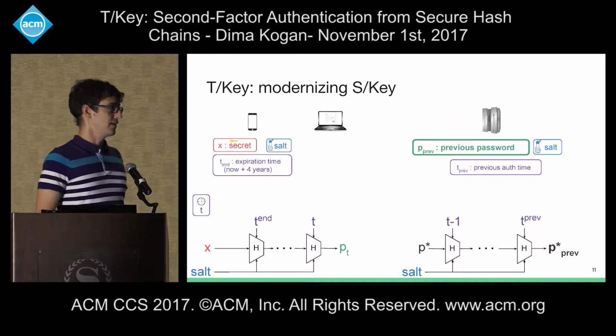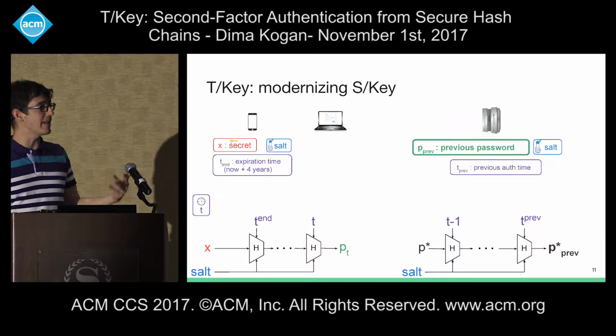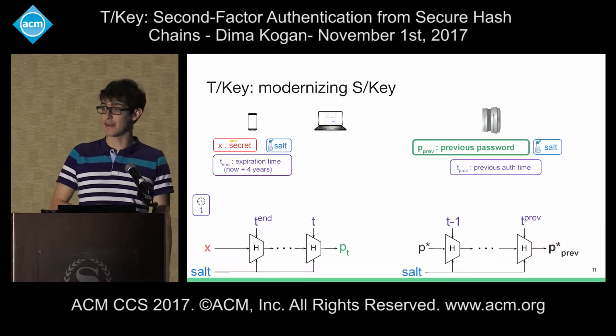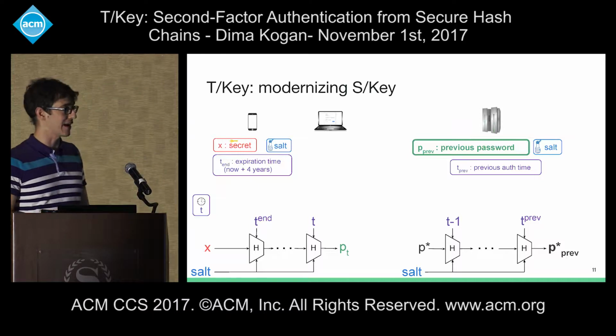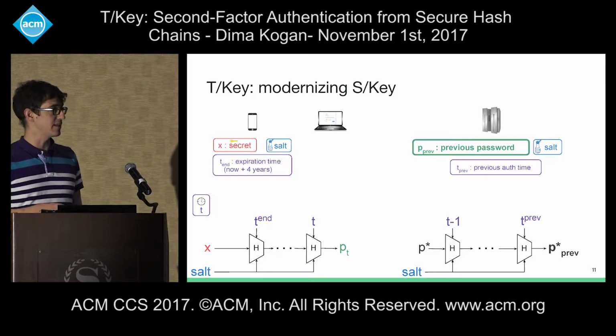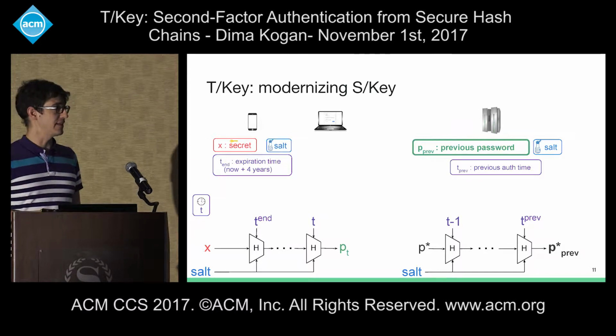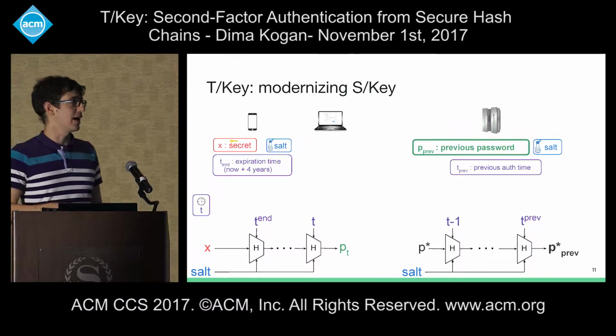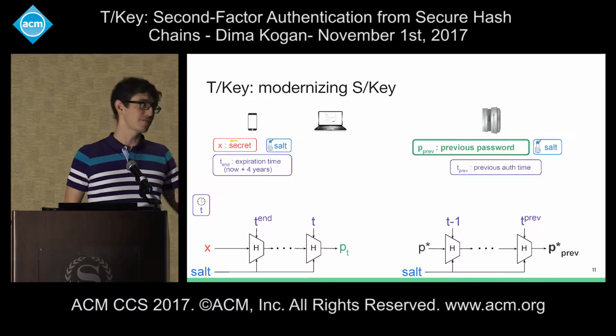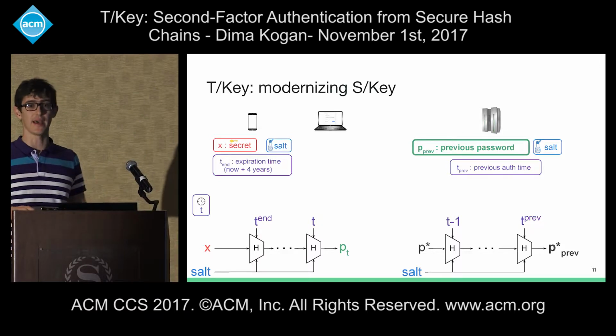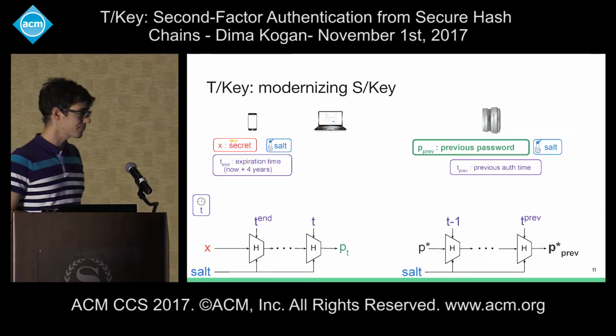To verify, the server traverses the remaining segment of the hash chain from the current time counter all the way to the element that he stores in his storage. Then the result is compared against the stored value, and if the two match, then authentication succeeds and the values on the server are updated.